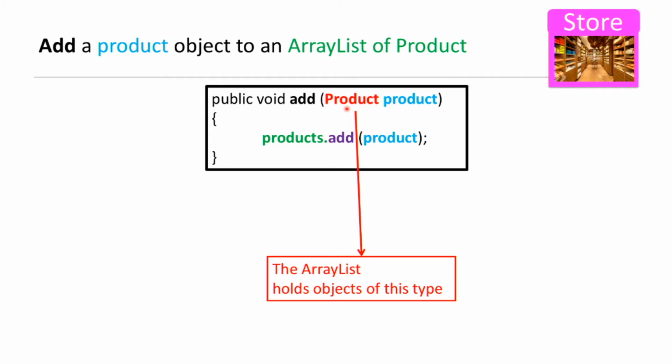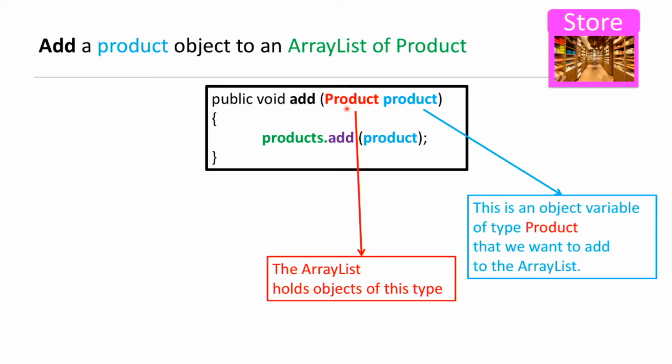The array list holds objects of this type, which is the product class in red. Next, we have the object variable product, of type Product with a capital P in red, that we want to add to the array list.